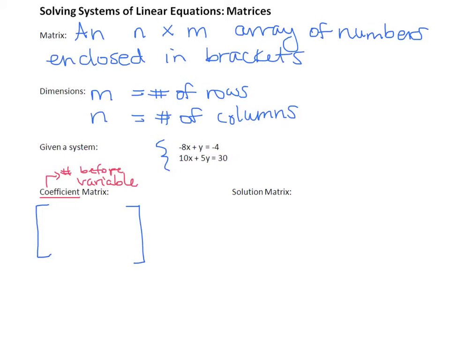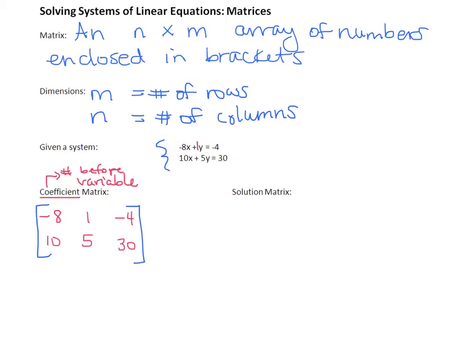So my coefficients for this system are -8. There is a 1 right here in front of the y. So I have a 1 there. And then I have a -4. And then for my second equation, I have a 10, a 5, and a 30.